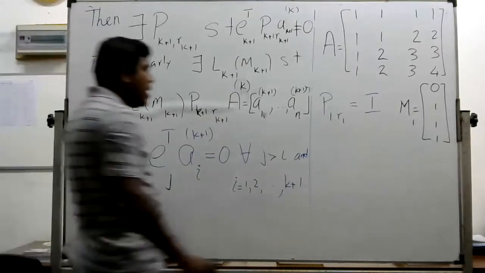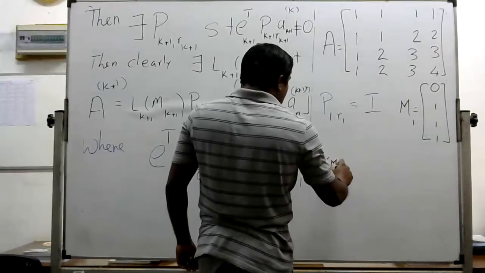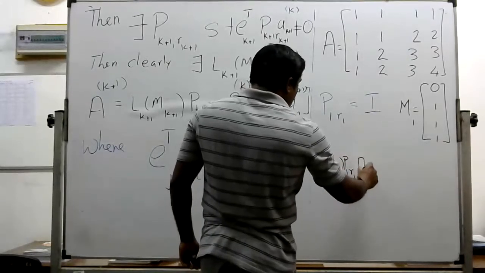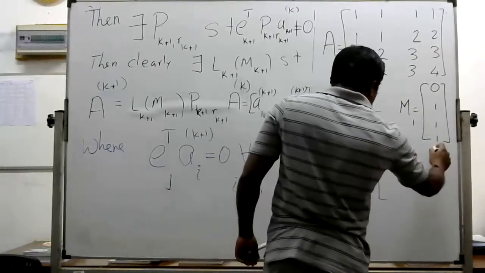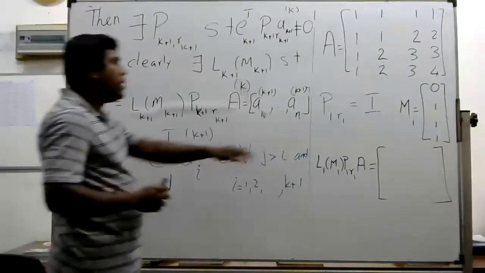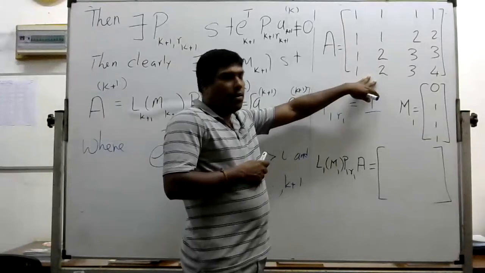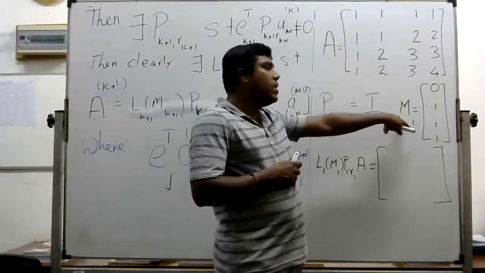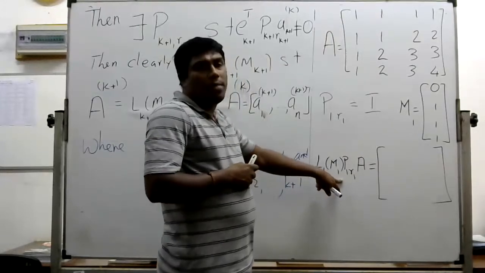So clearly, when you multiply by the identity matrix, this does not change. And then for this M1, when you multiply, you know what happens.